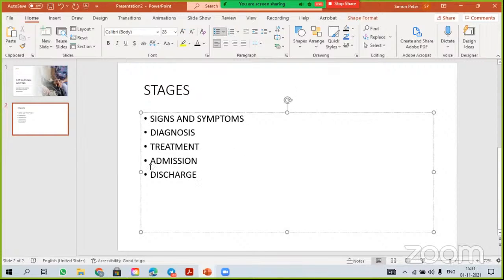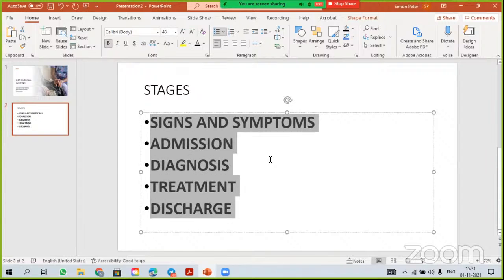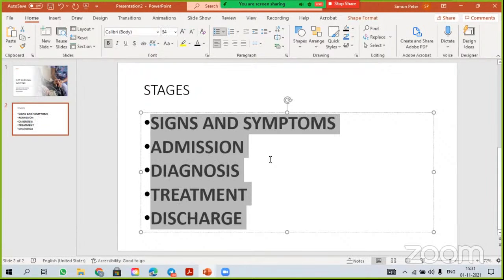So first one is admission. So signs and symptoms, then you got admission, then it is diagnosed, then it is treated, then it is discharged. So you have to know these things.